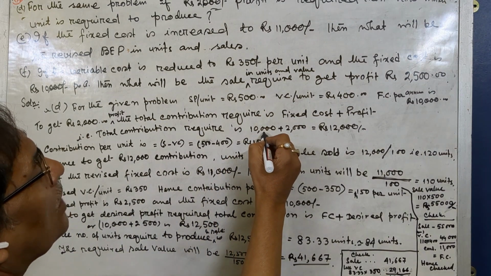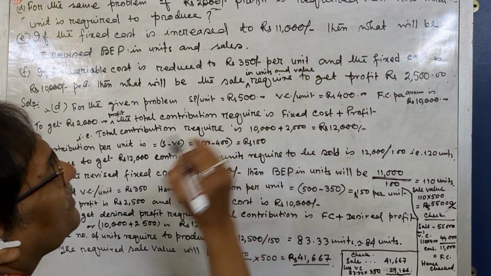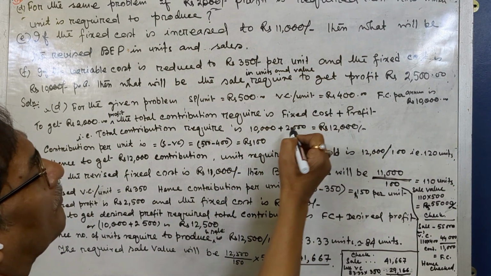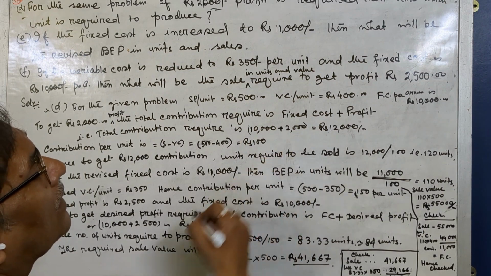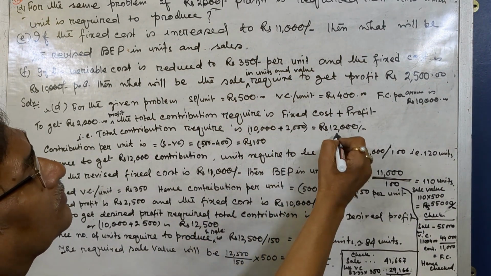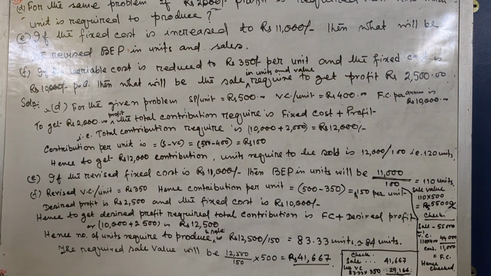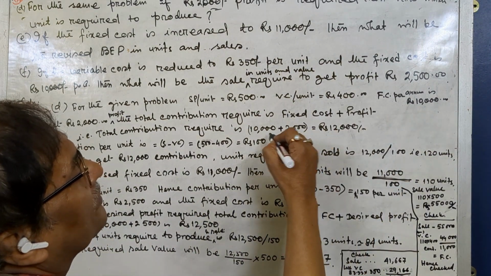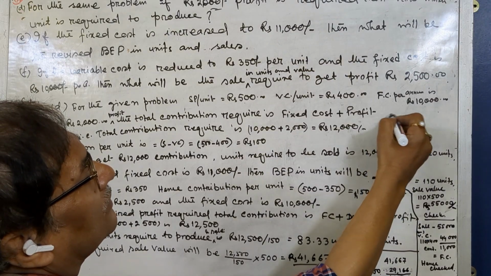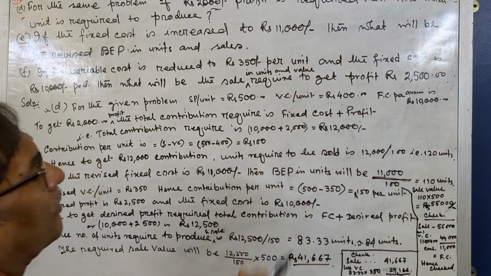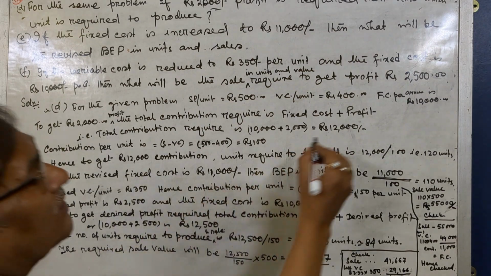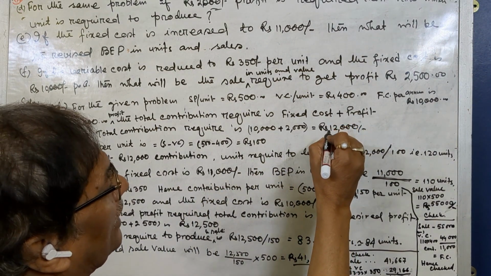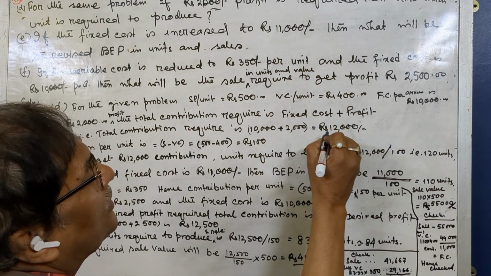You require 10,000 to cover the fixed cost and an additional 2,000 for profit. If you earn 12,000 contribution, then the breakup is you will pay 10,000 to the fixed cost and the remaining 2,000 will be your profit. That means 12,000 contribution is required to get 2,000 of profit.